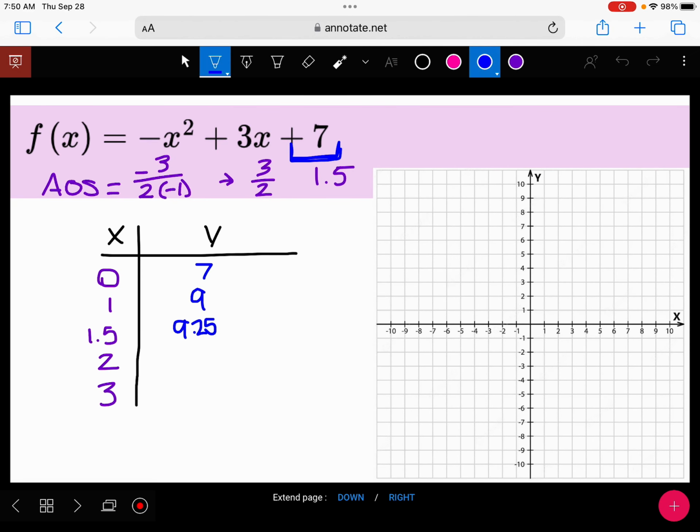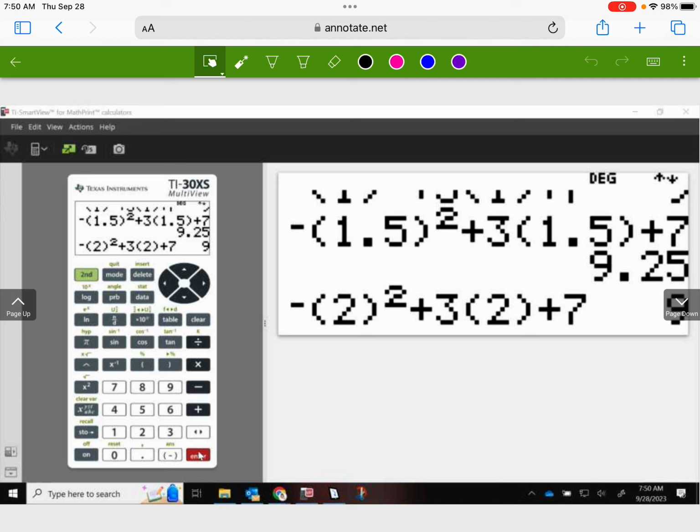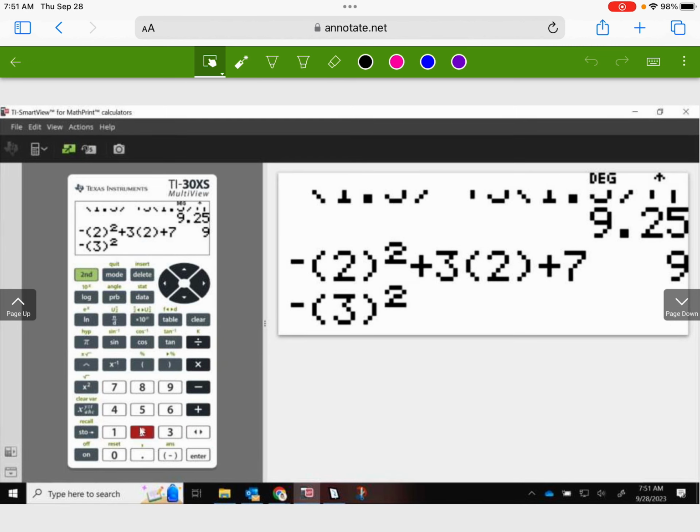That means we have symmetrical data right now. If we see that these guys match, that means that these guys are going to match. But let's do 3 just to double check, make sure we did it right. Opposite of 3 squared, did it the hard way, plus 3 times 3 plus 7. Yeah, we got 7.